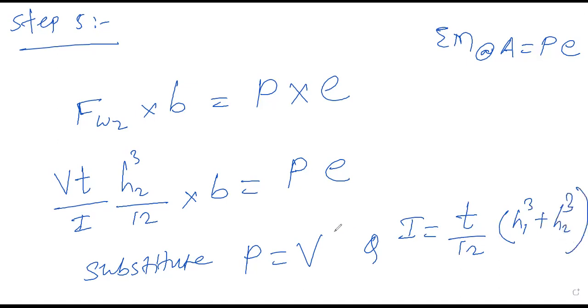This I we have already calculated. So substituting P is equal to V, and I is equal to t by 12, h1 cube plus h2 cube, in the above equation.